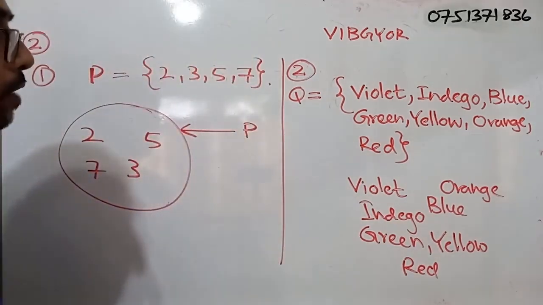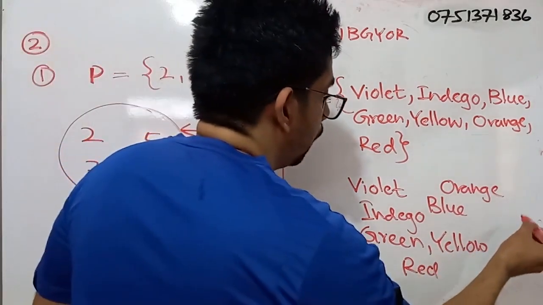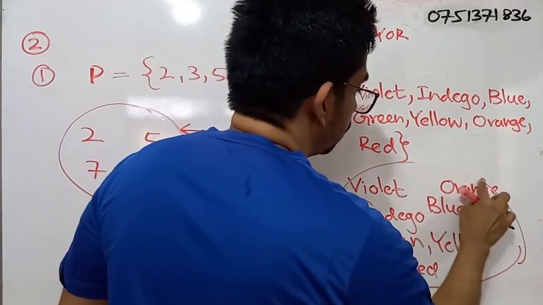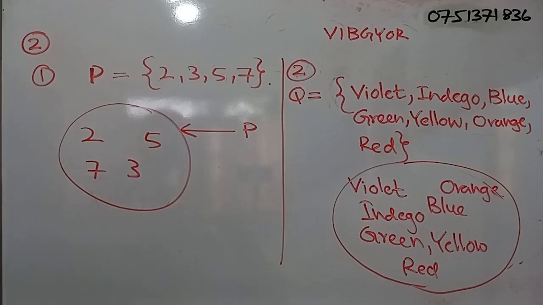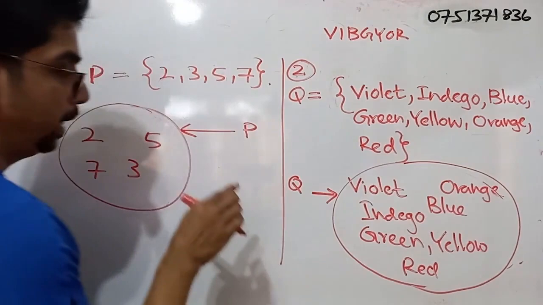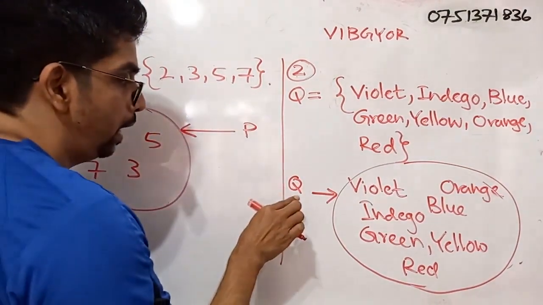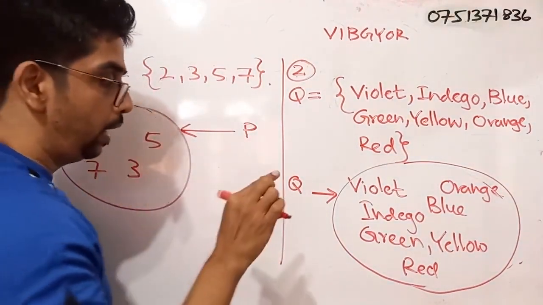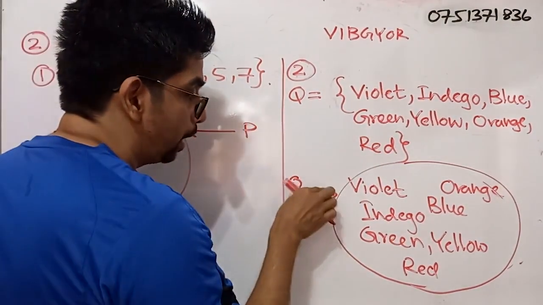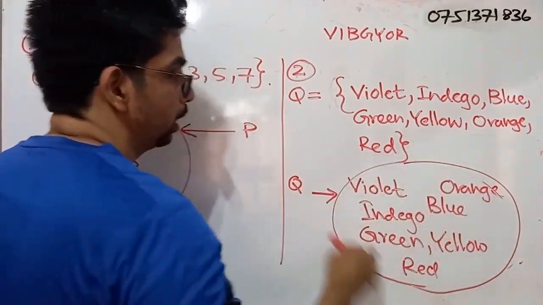There doesn't need to be an order here, right? Then we have to circle it. You have to draw a circle, right? Then we have to name it. So this is Q. Remember, when we are naming the set, we have to use an arrowhead. So we have to use an arrow. The head of the arrow should be pointing to the circle.